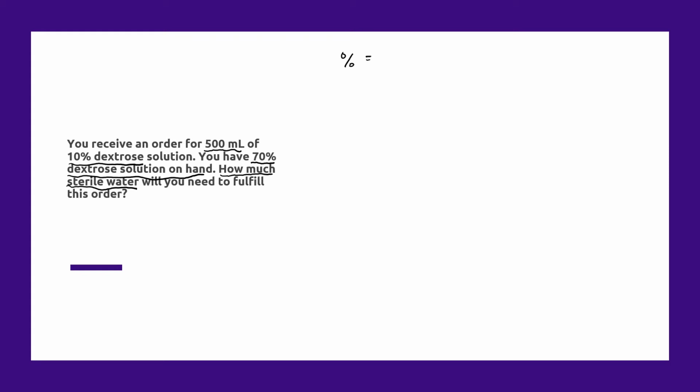And this is always going to be X number of grams if it's weight based. It could be milliliters if it's volume based, but usually it's going to be weight per volume when we're dealing with solutions. So this is going to be X number of grams per 100 milliliters of solution.